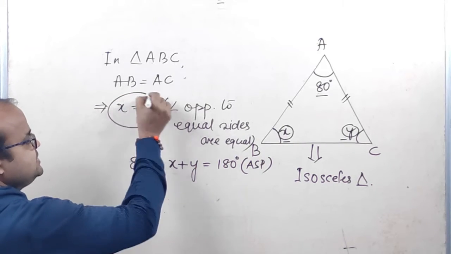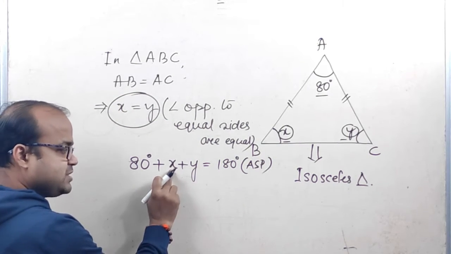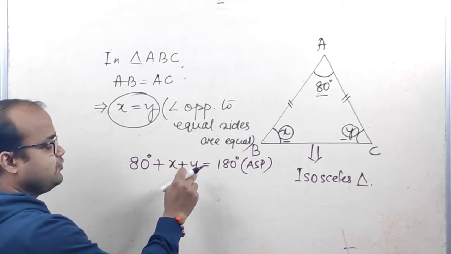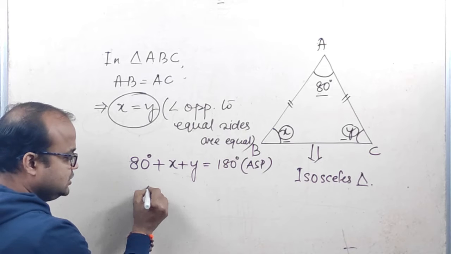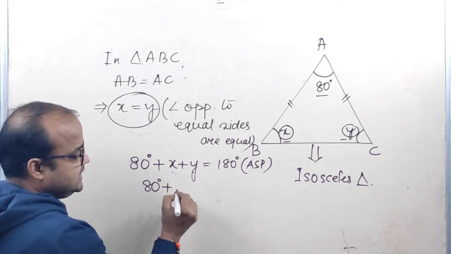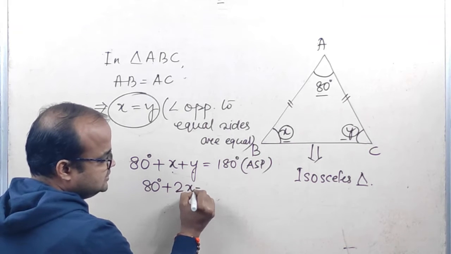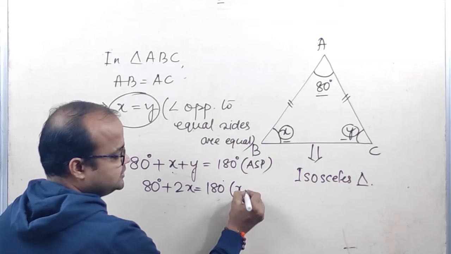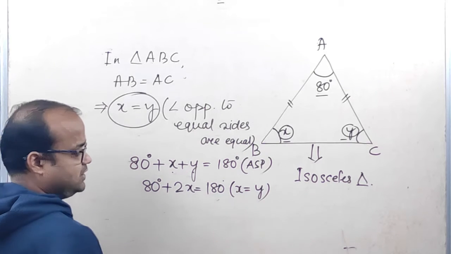Now since X equals Y, in place of X you can substitute Y, or in place of Y you can substitute X. So we write 80 degree plus 2X equals 180 degree. Here you can give the reason: since X equals Y.